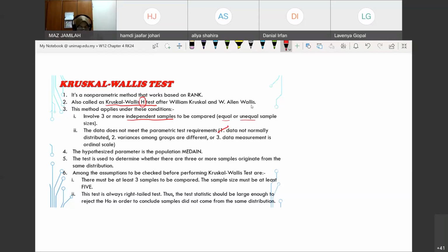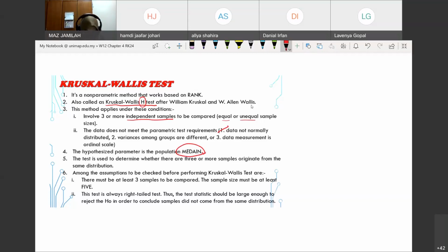Next, the hypothesized parameter is the population median. So again, we are going to use the median value as the parameter in our statement of the alternative hypothesis. And the test is used to determine whether three or more samples originate from the same distribution.